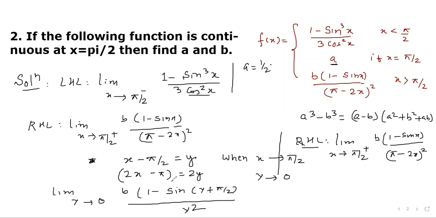Sorry, here pi minus 2x equal to 2y, so it will become 2y whole square. So we write it further.